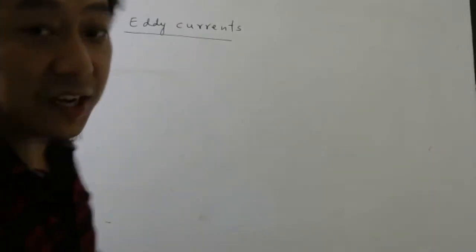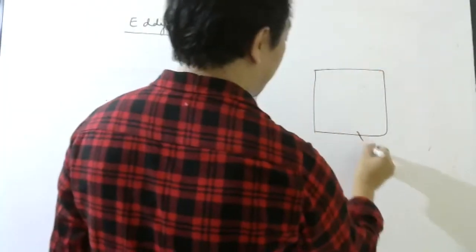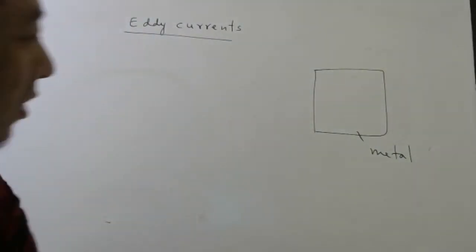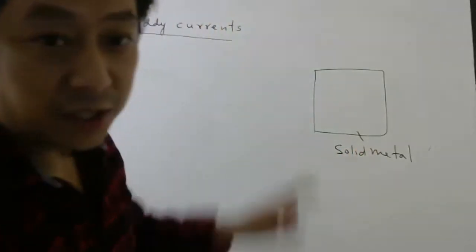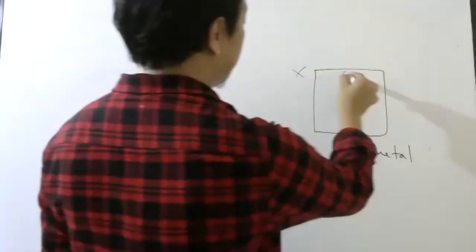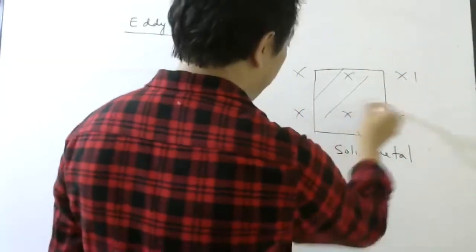So what are eddy currents? Very simple. Look here. If you have a metallic sheet, metal sheet or conductor, solid, okay, solid, and you keep it in a magnetic field. This is a sheet, okay, solid body.